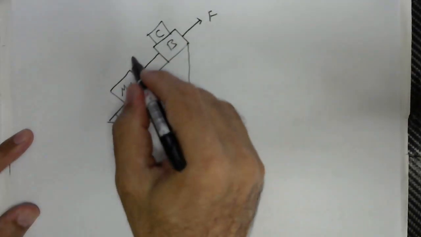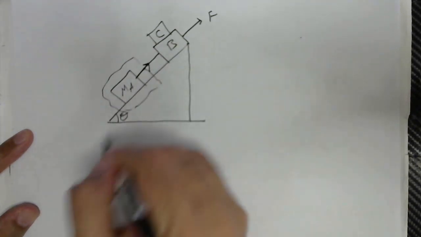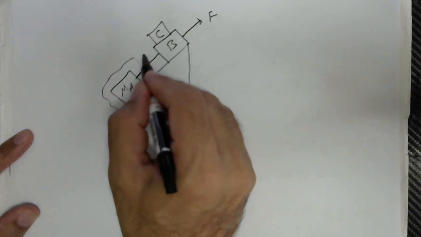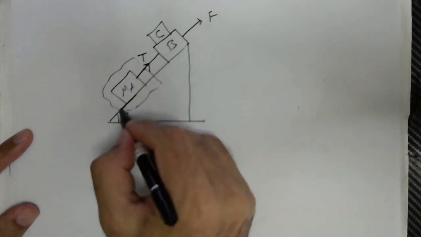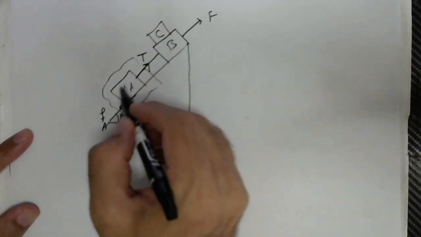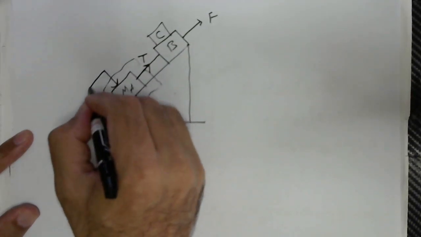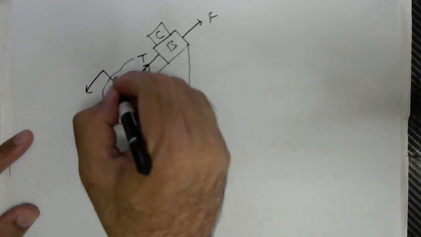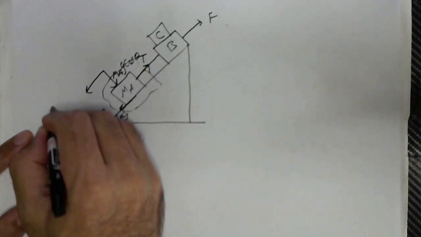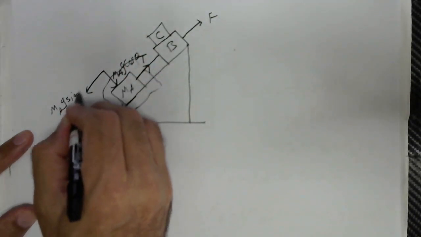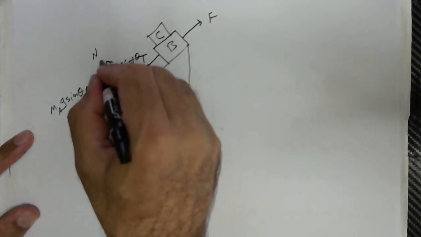Now if I consider A as my system, then the force acting is the rope, the tension, now considered as the external force for A. And then you have also F A, and then you have the gravitational force of A projected in two directions, MAG cosine theta and MAG sine theta, and then N A basically.